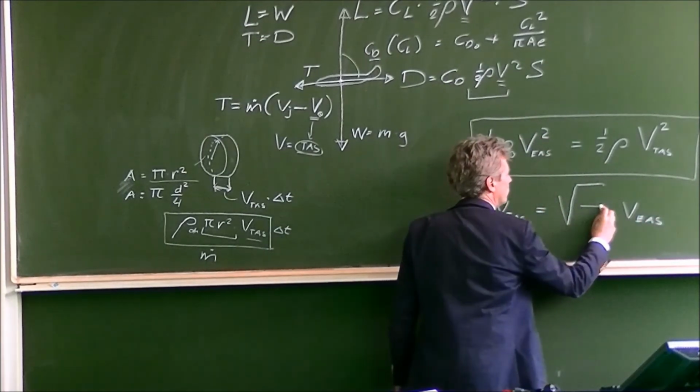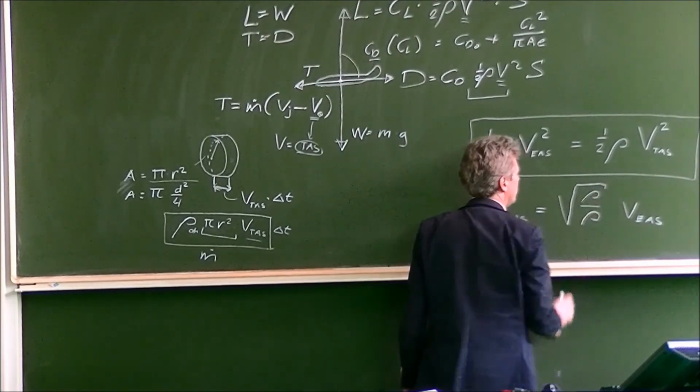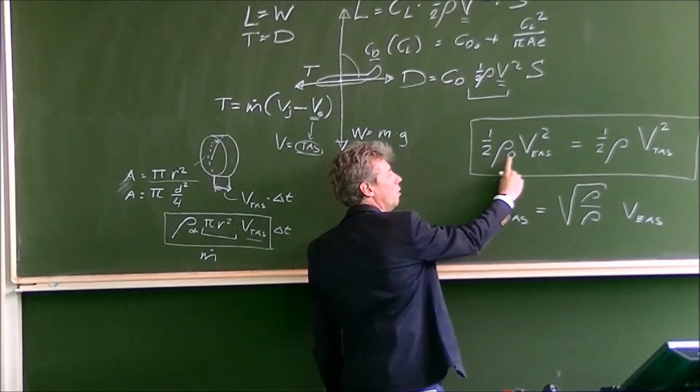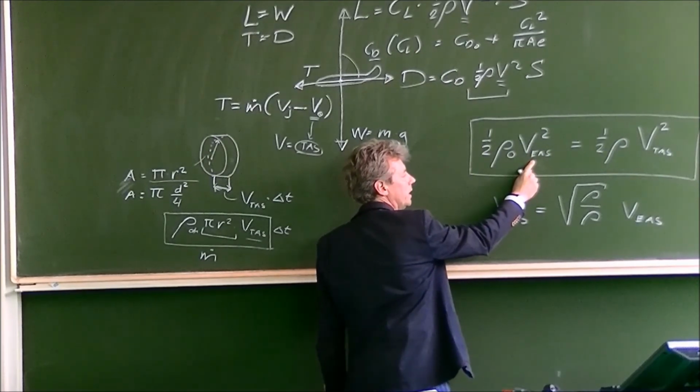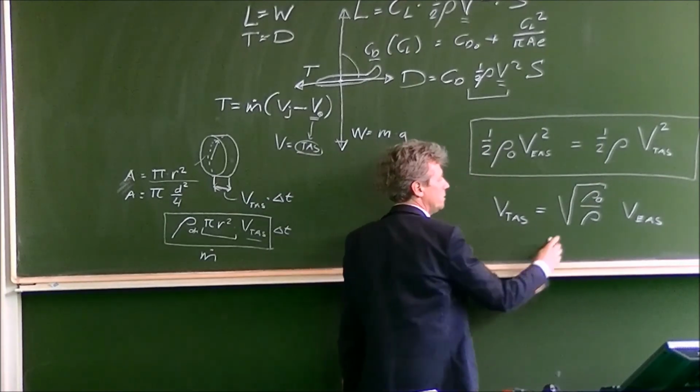And then here we have the rho's. But which one is now the rho 0? Well, it's easy to remember that rho 0 always has to be multiplied with the equivalent airspeed. So in this case, this is the rho 0 and this is the rho. And this is the way to calculate it.